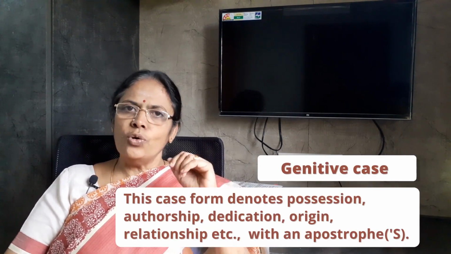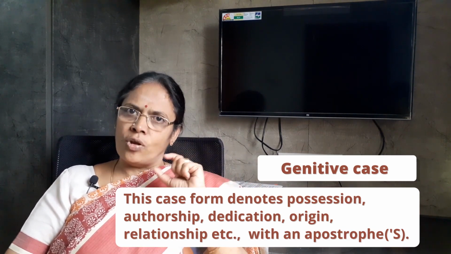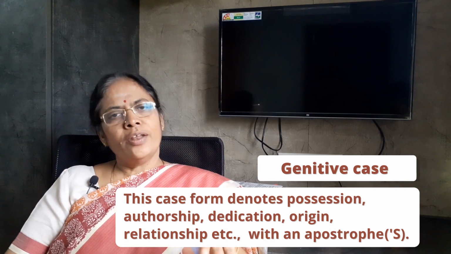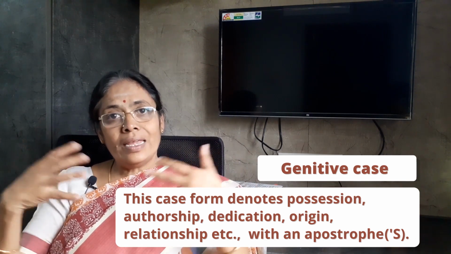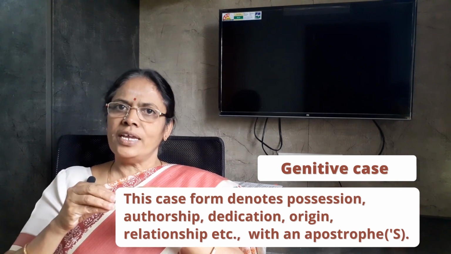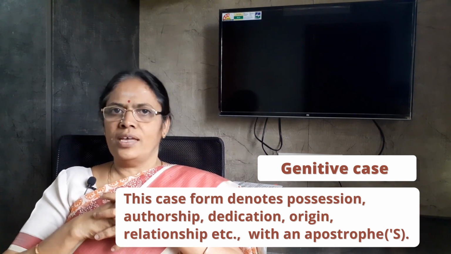Now, going to the third type of case form, that is the genitive or possessive case. This case form denotes a possession or an authorship of something, a dedication to something, an origin or a relationship between things. So these aspects are indicated with an apostrophe s.